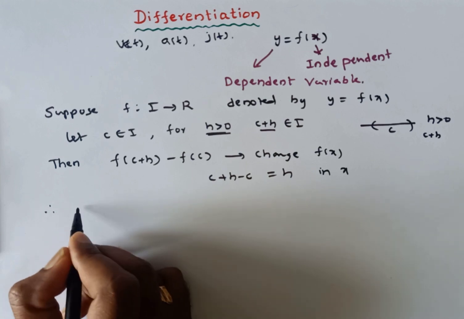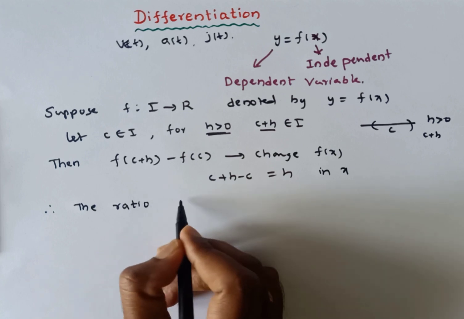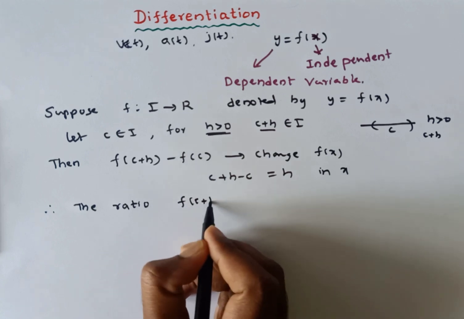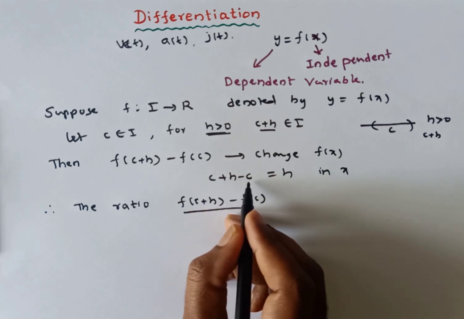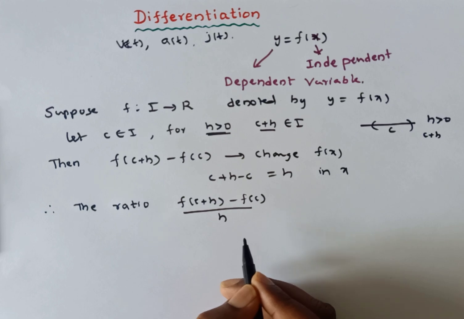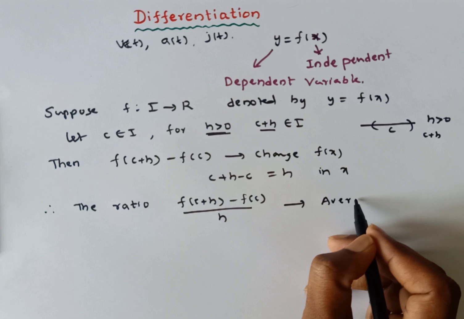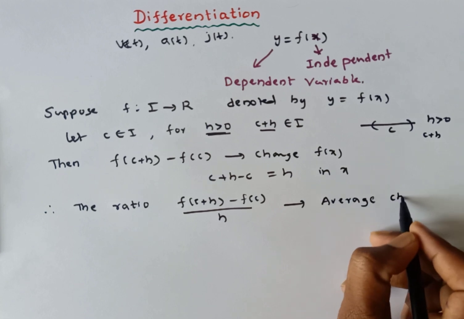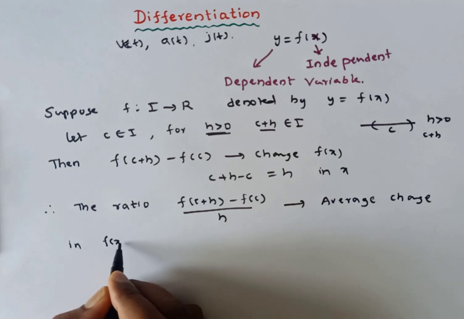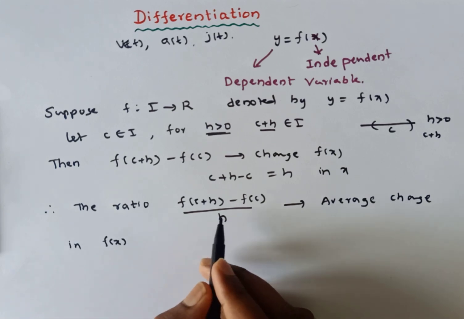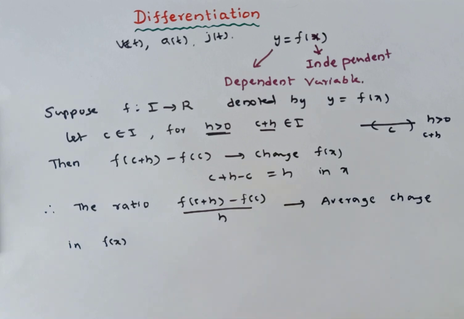Therefore the ratio, f of c plus h minus f of c divided by c plus h minus c, that is h, is called the average change in f of x, or we may call this the average rate of change in f of x.